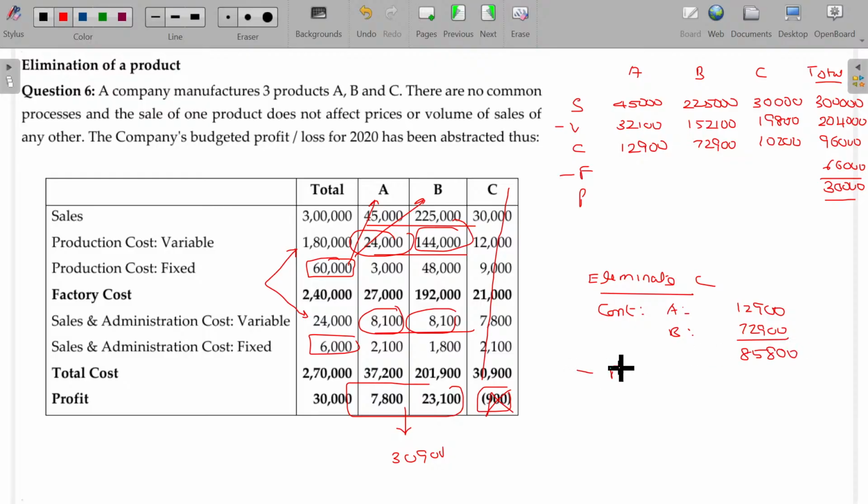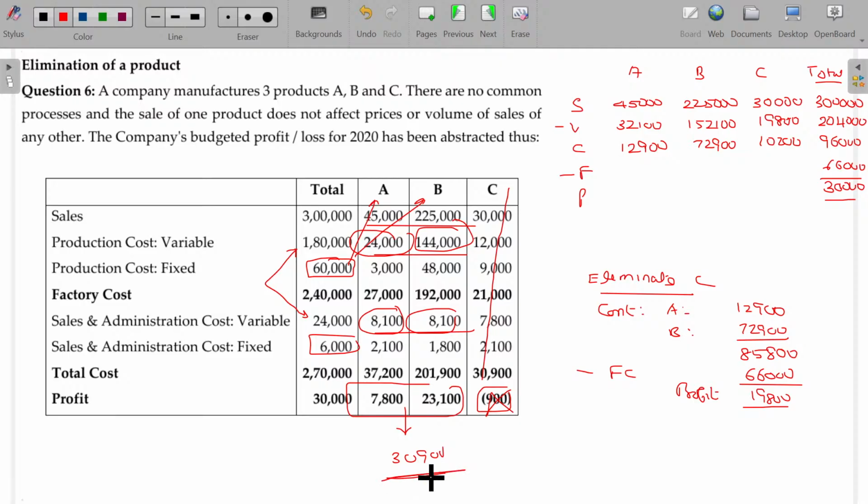What about the fixed cost? You cannot reduce the fixed cost by eliminating any other product. It remains the same 66,000. What about your ultimate profit? 19,800. From this, it is very clear.